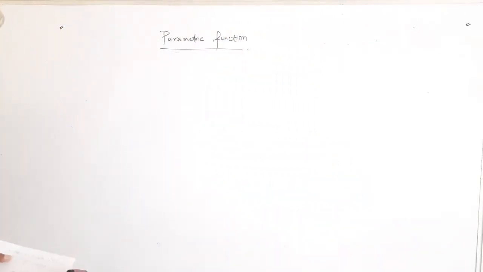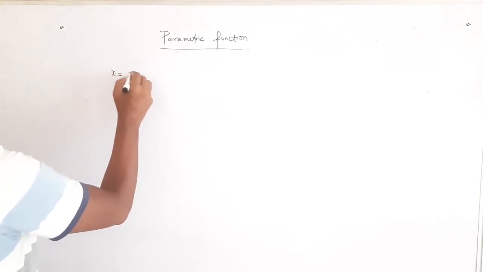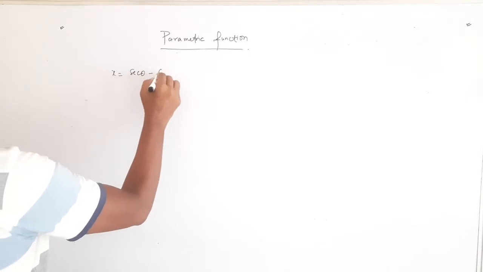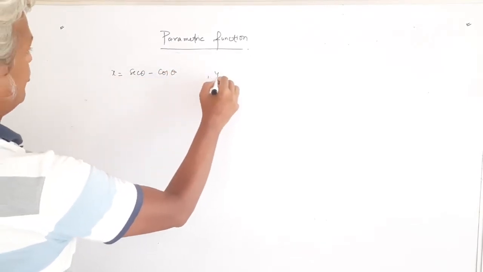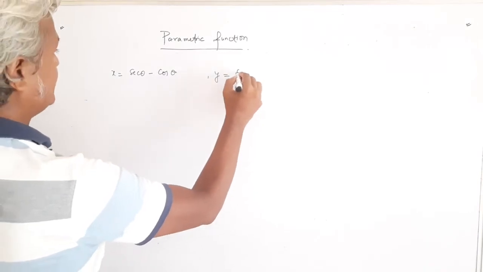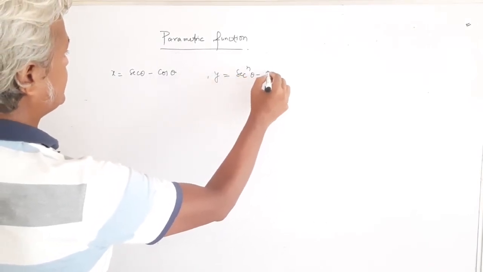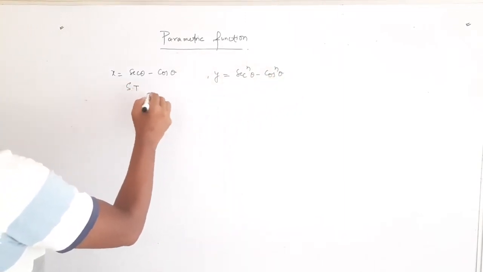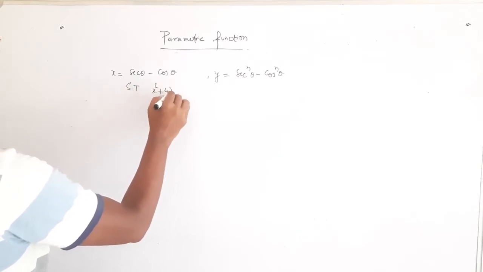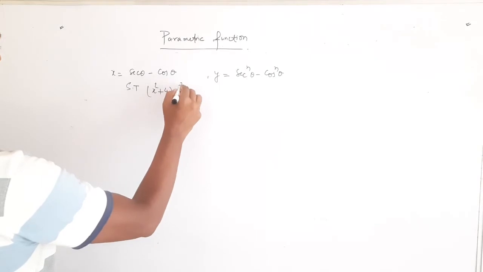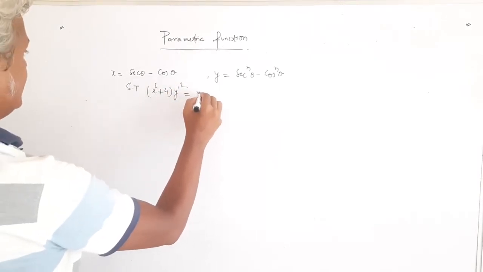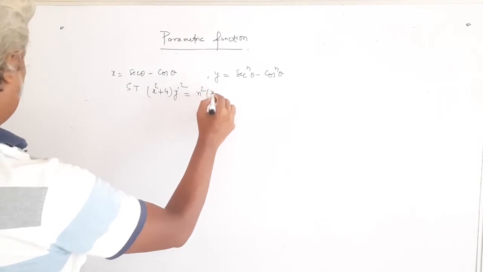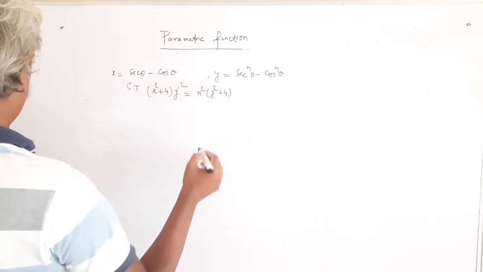So here I have one question which goes like: x equals sec theta minus cos theta, and y equals sec to the power n theta minus cos to the power n theta, and we have to show that x square plus 4 times y dash square equals n square times y square plus 4.